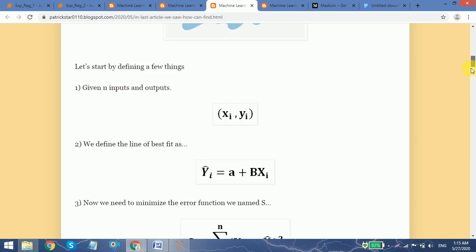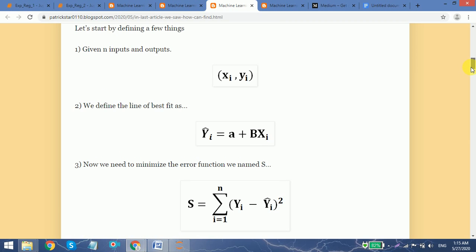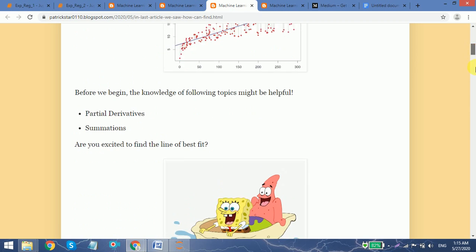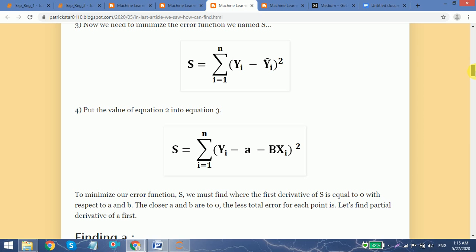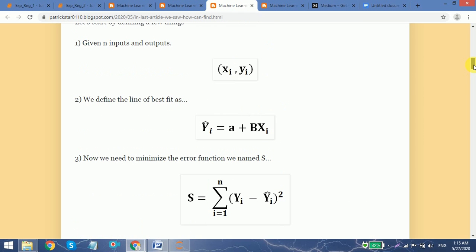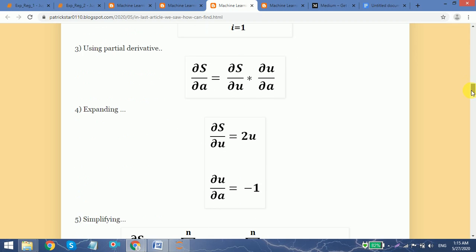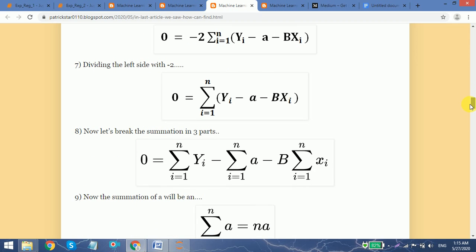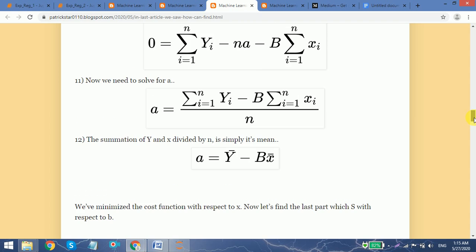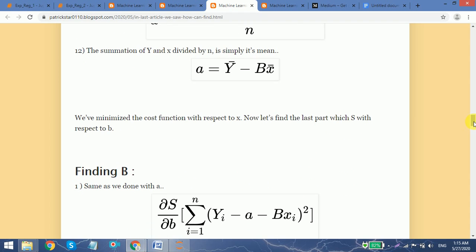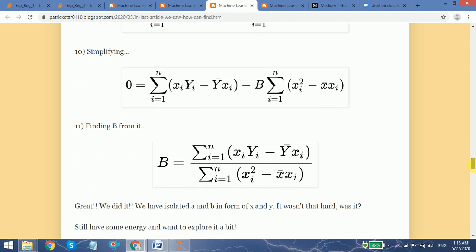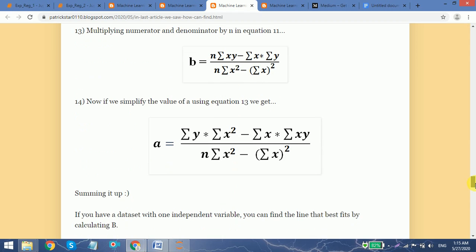We are going to use the same formula here that we used in simple linear regression, so we are not going to waste our time talking about the same thing. I will put the link in the description if you want to know how the calculation actually works.